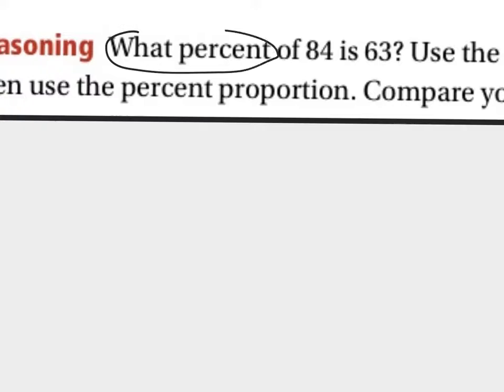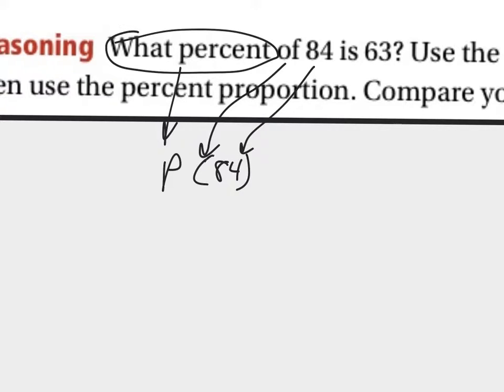So it says what percent, so we can do P for percent or X percent if you want. Of means we're going to multiply by 84. Is means equals 63. And the variable is being multiplied, so we're going to divide.